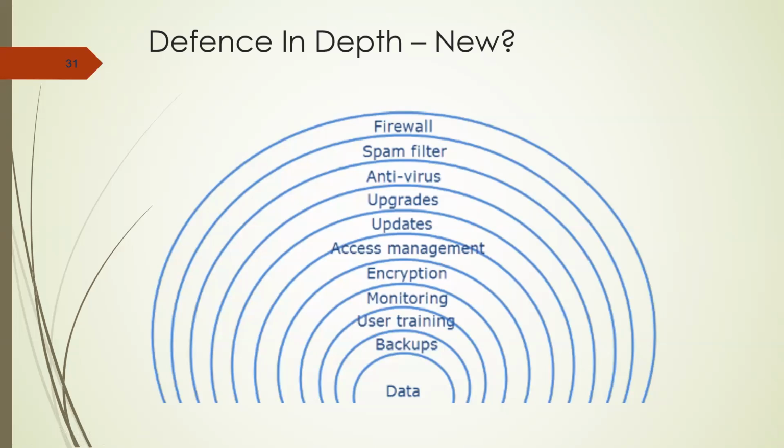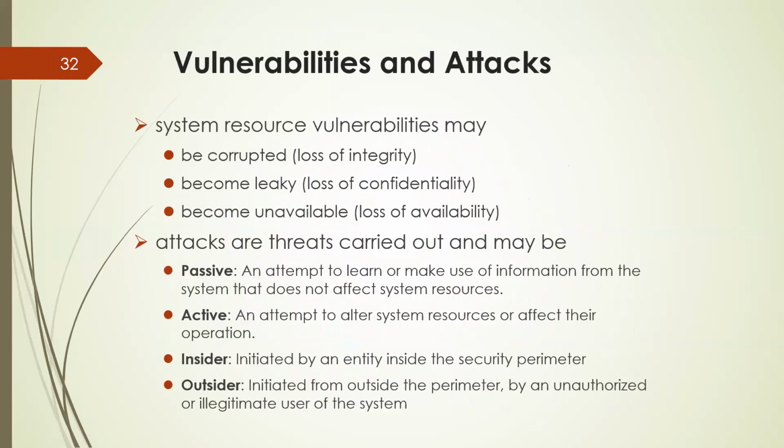Updates, upgrades, antiviruses, spam filters, just to make sure that the hackers keep away. Strange emails keep away. Firewalls, all those help us in intrusion detection and sieving of those wrongful packets. Vulnerabilities and attacks.